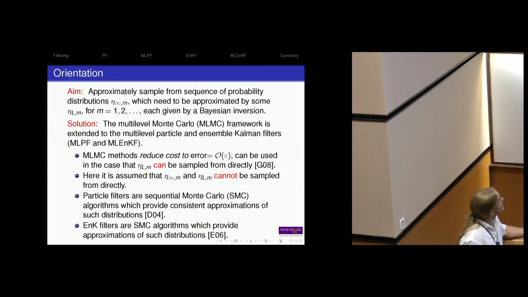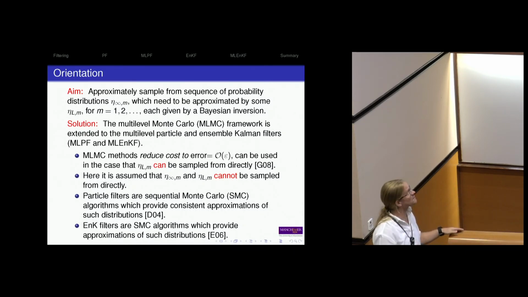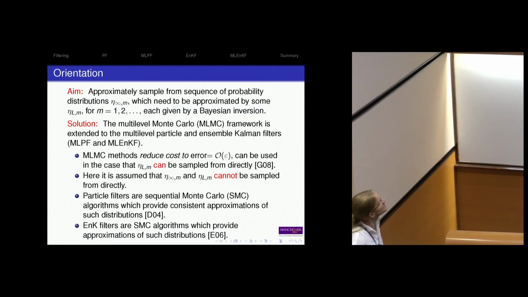Okay, so now we're going to have a sequence independent of the levels. We're going to be stepping through a sequence of targets, and at each time point we are going to have multiple levels corresponding to different discretization levels.